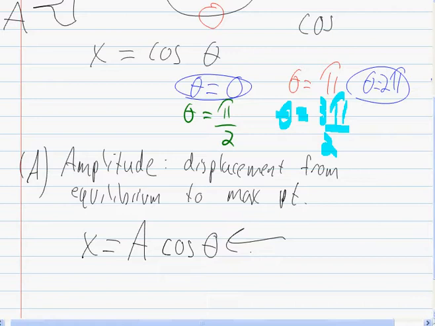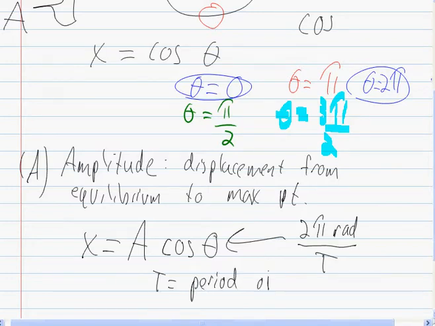Well, we know that it's going to take 2 pi radians, and it's going to take that T seconds, where T is the period of the motion. Whatever fraction of that times the t, how long I've taken to go through the cycle.